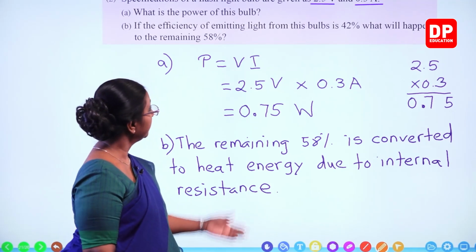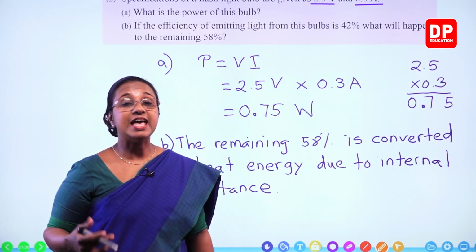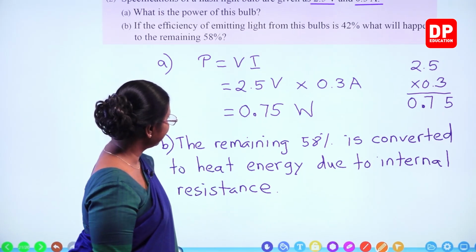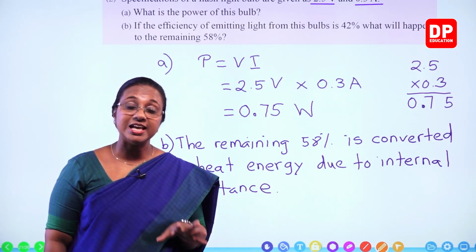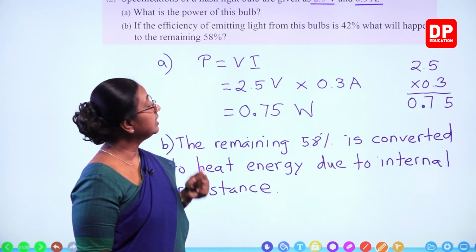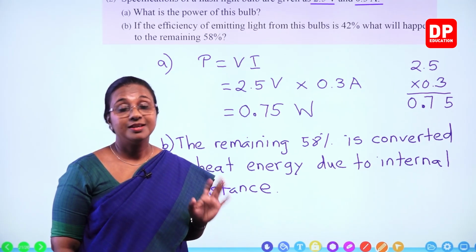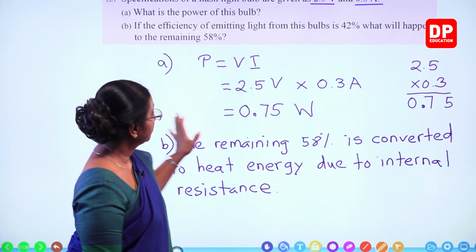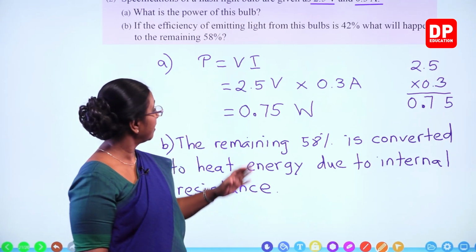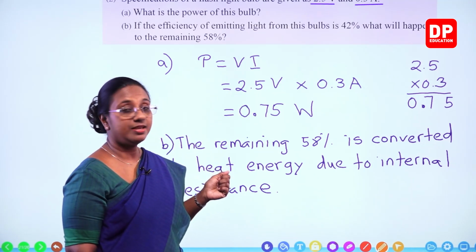So that is why the efficiency is only 42%, less than half efficiency. So you all have to understand that. So that is why we have to select the correct electrical appliance, or here it is a light bulb, that is more efficient. Is that clear to you? So the first question was to calculate power using voltage and current. So P equals VI, 2.5 volts into 0.3 amperes.